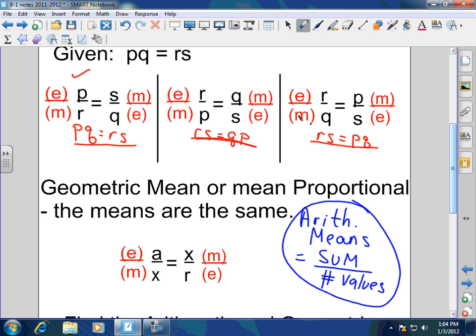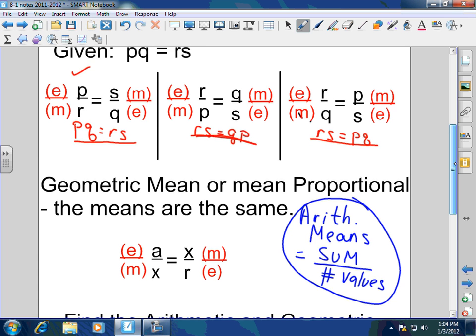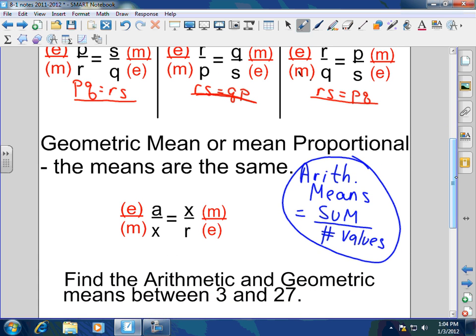Okay? Now, how would you do that if I say to you, find the arithmetic and geometric means between 3 and 27? Okay, someone just randomly blurted out a 9.